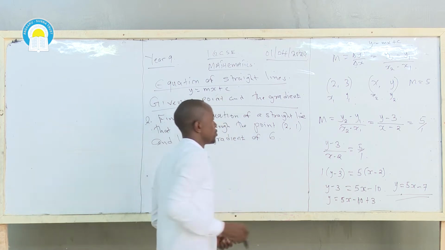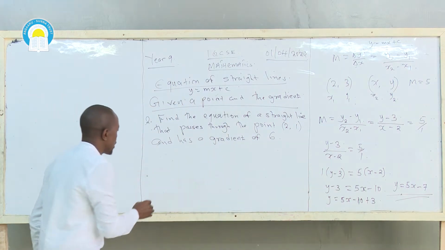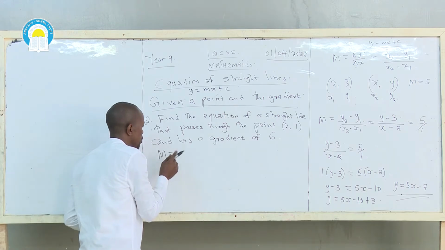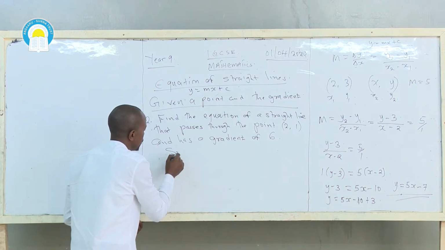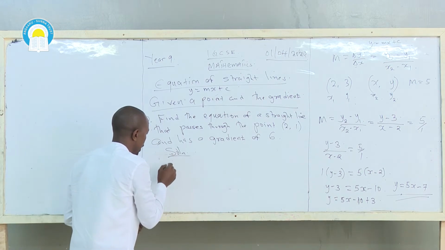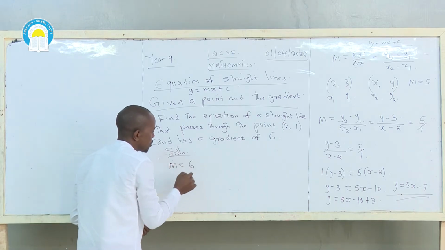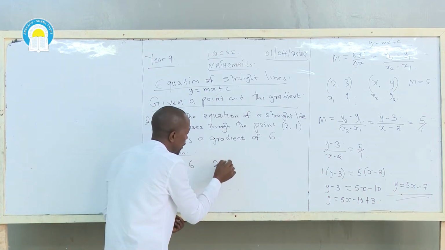Now we know that m is 6. In your solution, m is provided to be 6 and the point is (2, 1).